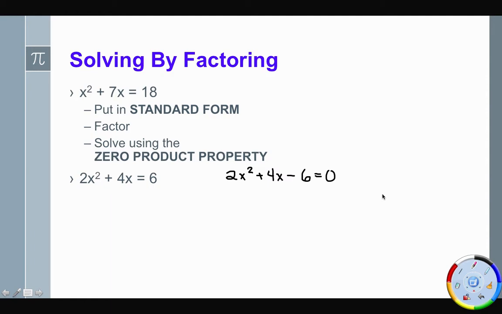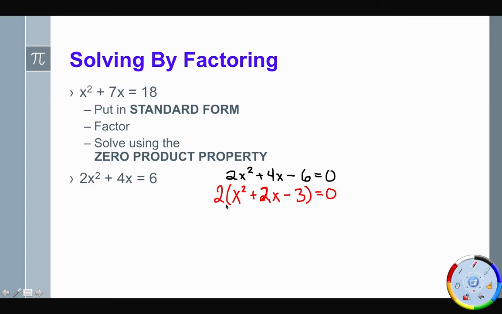Then we need to factor. Well, here's something that I do know, that there is a GCF here, so I could factor out a 2 to make my life a little bit easier. By factoring out a 2, I get x squared plus 2x minus 3 is now equal to 0.